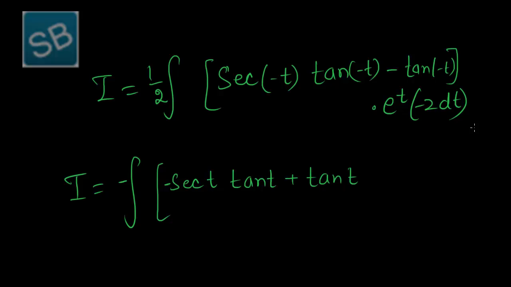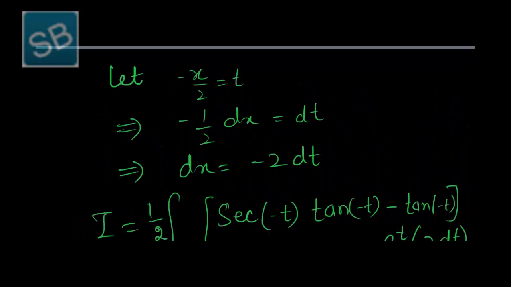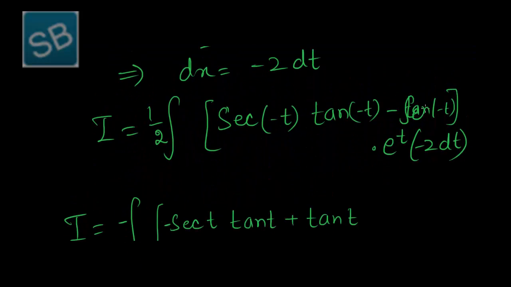Sorry, I wrote it wrong, we have here secant. So secant of minus t is secant t, into e raised to power t dt.